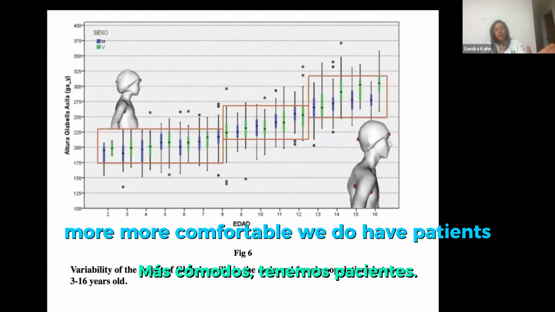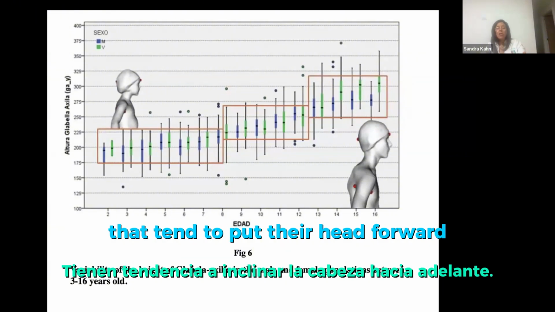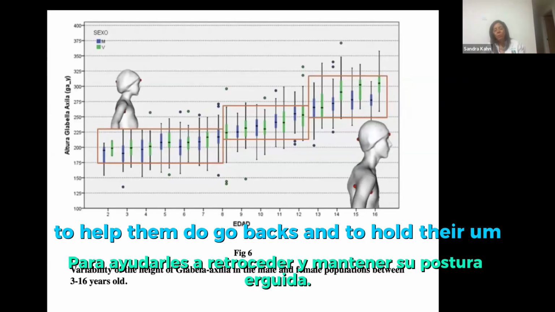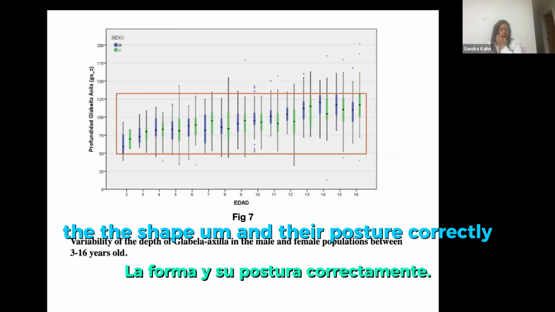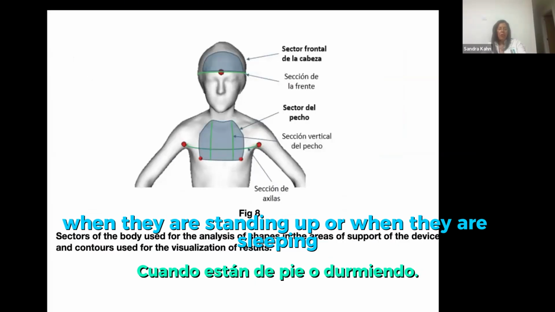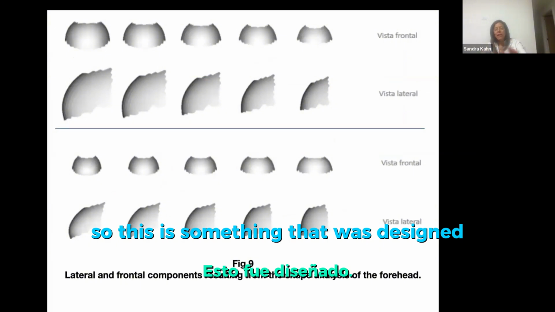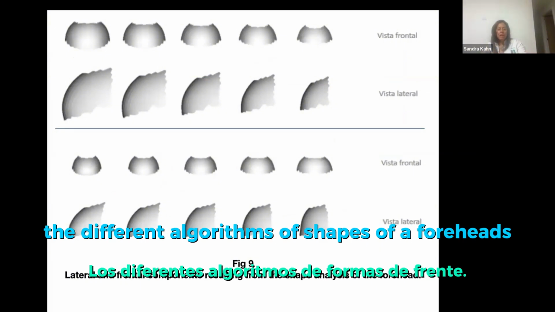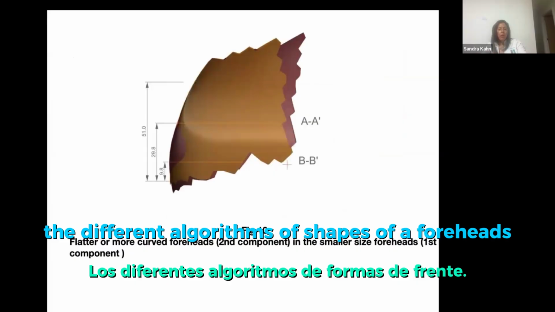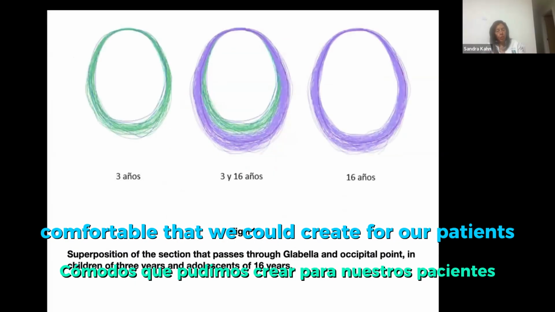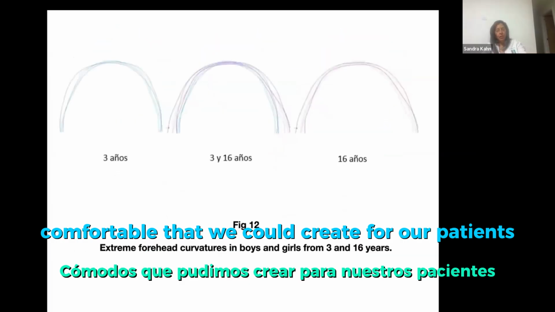We do have patients that tend to put their head forward, so we have to work with posturology to help them do GoPex and to hold their shape and their posture correctly when they are standing up or when they're sleeping. This was designed and developed through different algorithms of shapes of foreheads, so that these are the most comfortable that we could create for our patients.